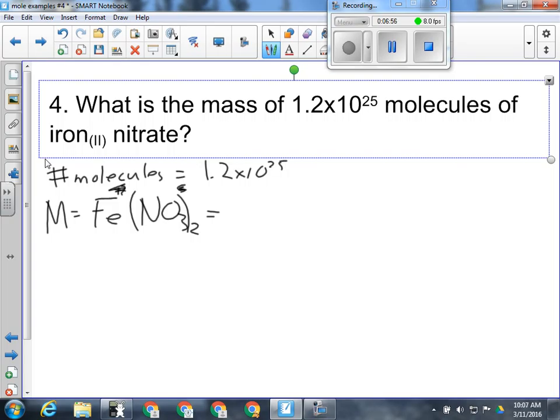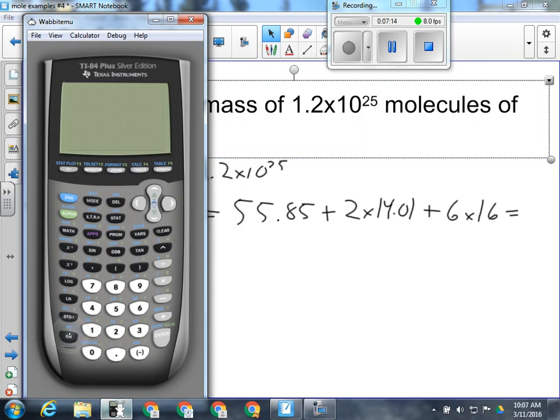So now we can go 55.85 plus 2 times 14.01, because this 2 applies to everything in the brackets, plus 6 times 16 for our oxygens. So 55.85 plus 28.02, our 2 nitrogens, plus 16 times 6 is 179.87 grams per mole.